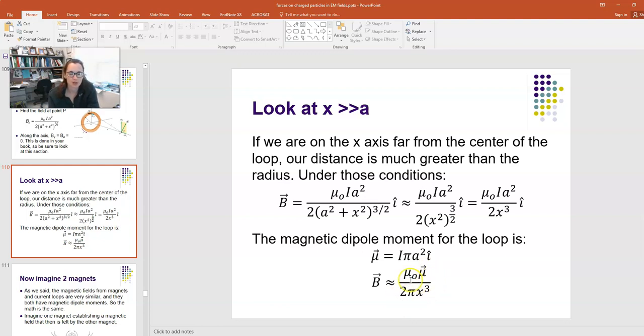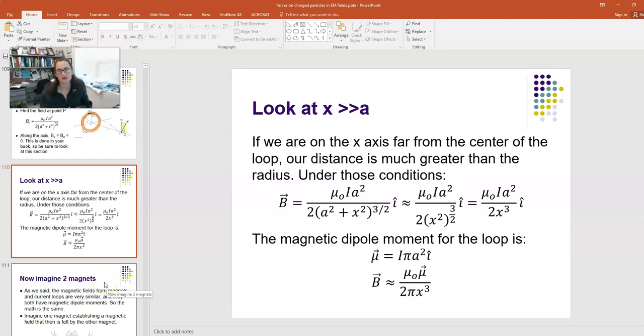Okay? So this is an approximate value for the magnetic field along the axis of that dipole. We could say that this is the case for a current loop.